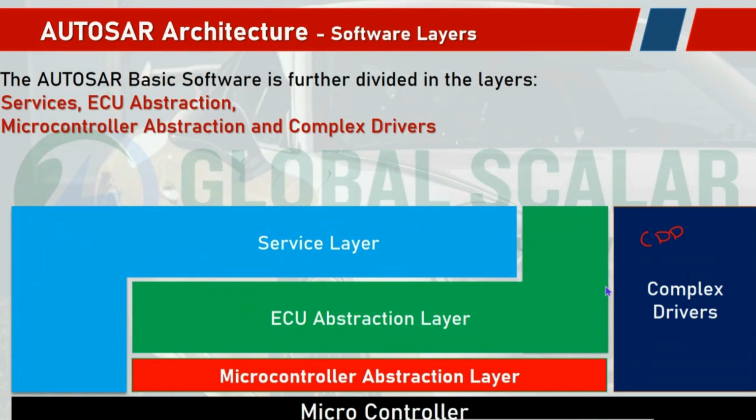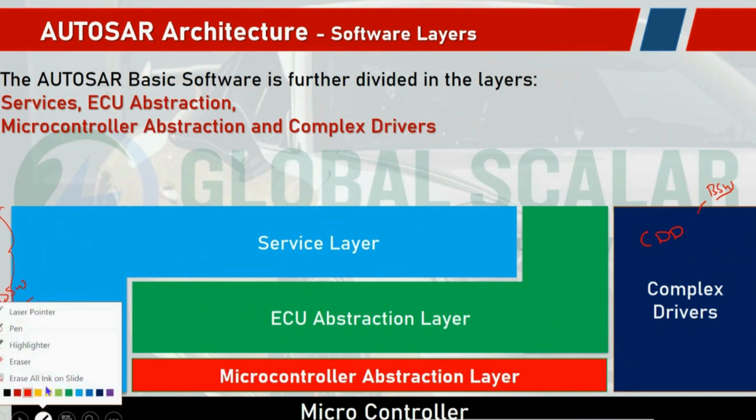It specifically covers the drivers for hardware components that cannot be handled by the standard BSW components. It provides low-level control and interfaces with specific hardware. The service layer, ECU abstraction layer, and microcontroller abstraction layer are part of the BSW software, but CDD is not a part of BSW software. It is for some hardware resources essential for communication.